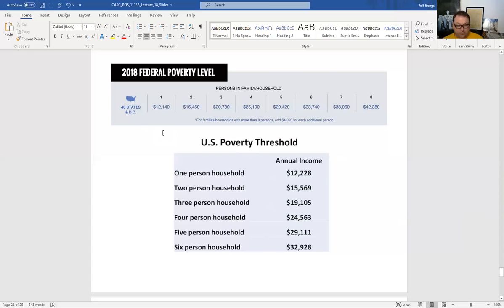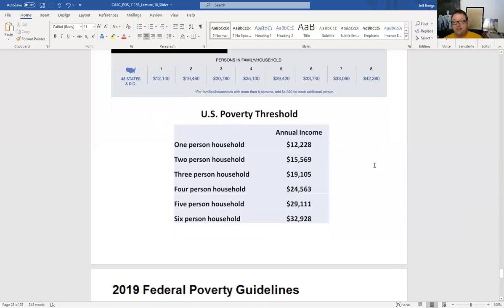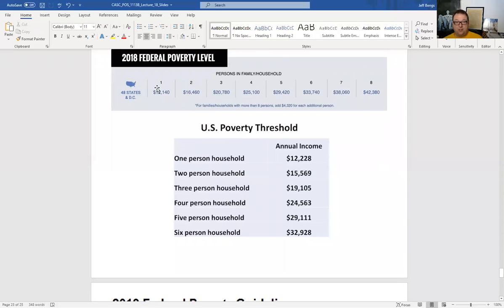Now, our textbook tells you what the poverty line was for 2016, and it hasn't changed that much going to 2018. For example, a one-person household, if they made less than $12,228, they were below the poverty line.